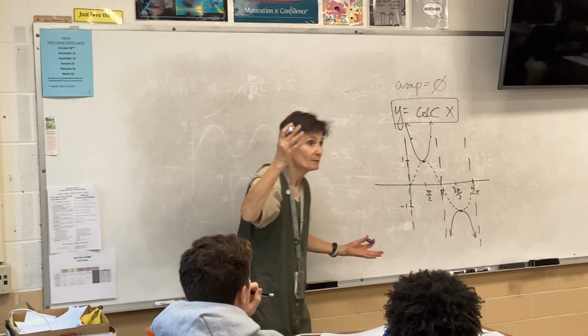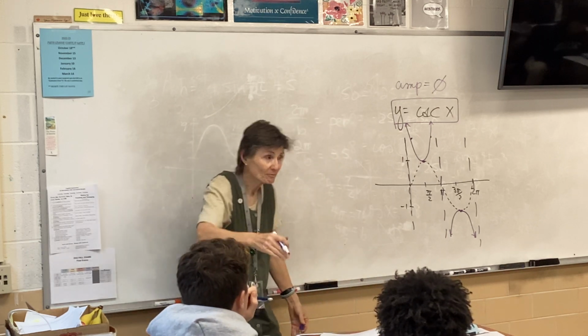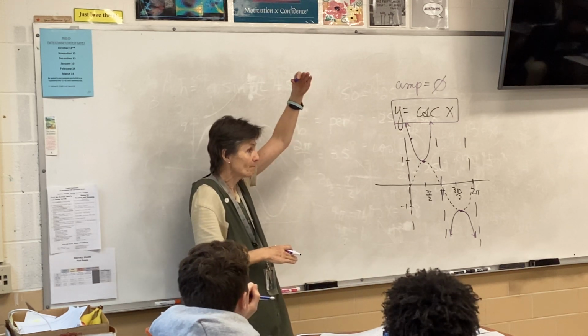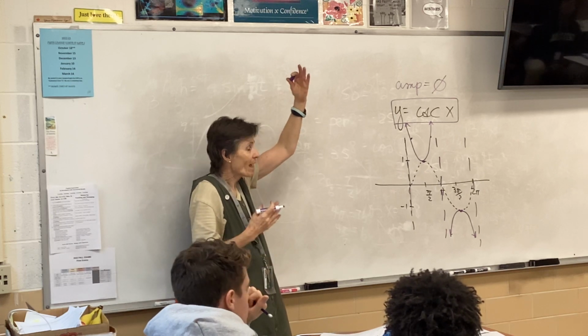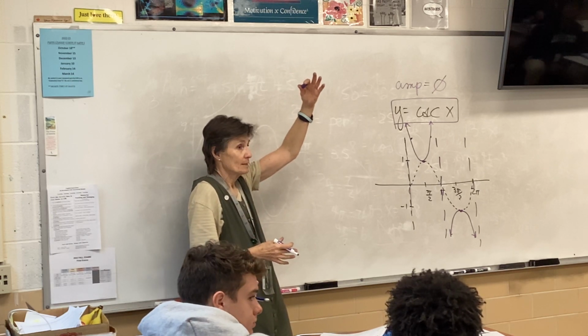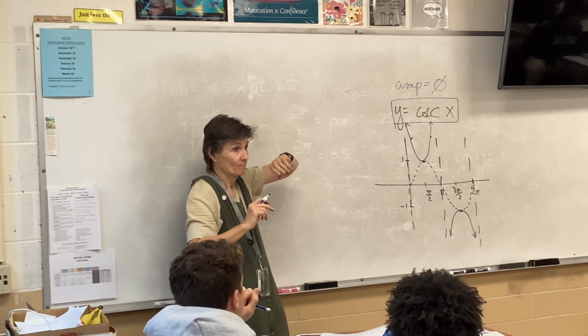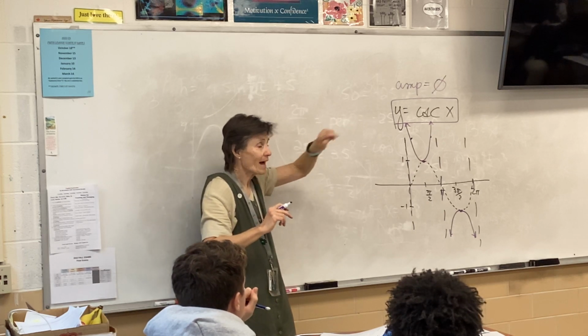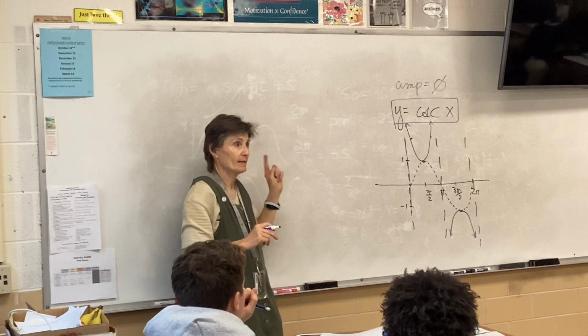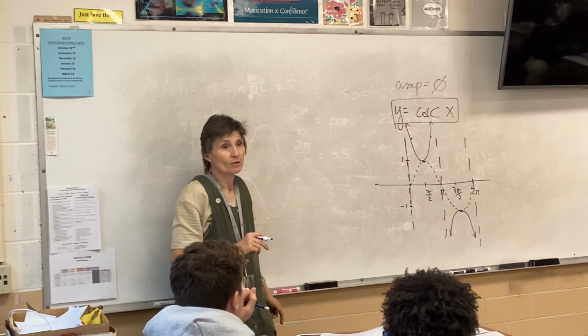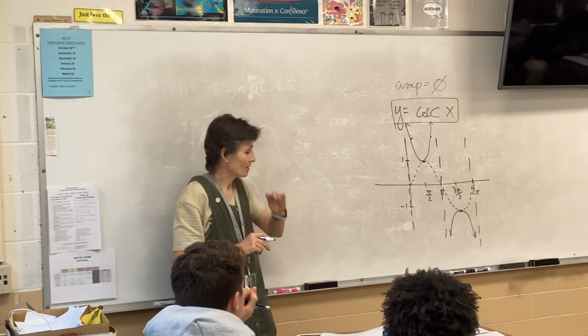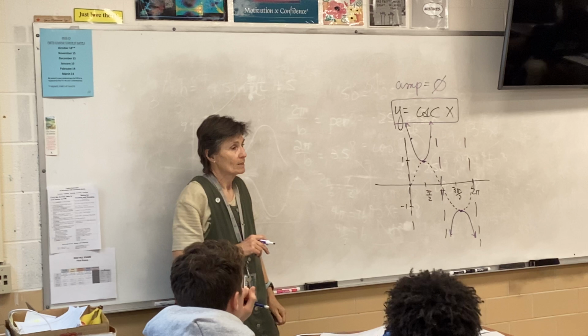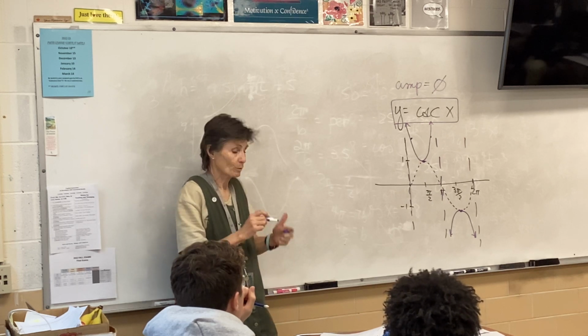There's no top. Amplitude is half the distance from the top to the bottom. You don't have a top or a bottom. It goes on infinitely. In fact, you'll see here in a second, sine and cosine are the only curves with amplitude. None of the rest of them have amplitude. Only sine and cosine.